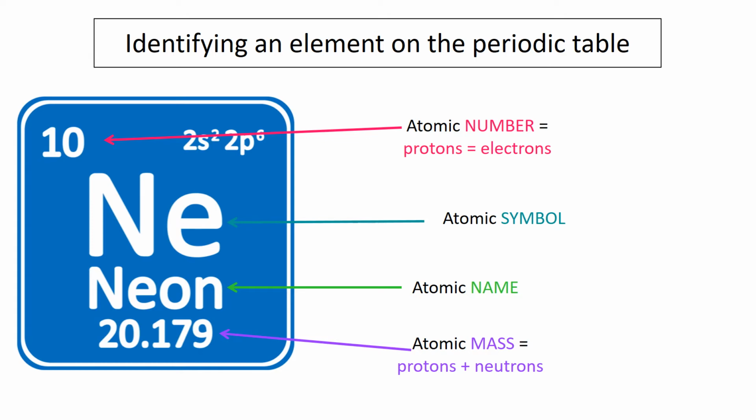Each element is going to have the atomic name. In this particular case, we're talking about neon. And each element is going to have an atomic mass. The atomic mass is equal to the number of protons plus the number of neutrons. And as we already talked about, the protons and the neutrons are located in the nucleus of the atom.